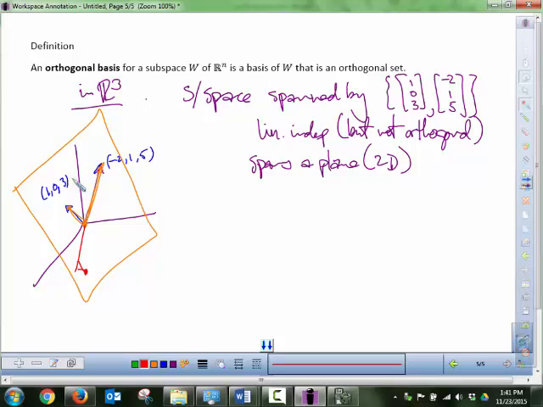Now, clearly, they're not orthogonal because you did the dot products in your head and you didn't get 0. But can I get two orthogonal vectors that would span the same plane? That is the question.